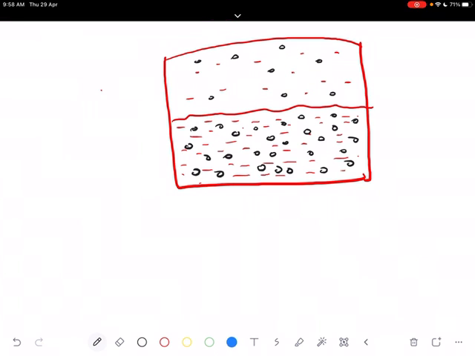Total pressure, we call it the total pressure of the gases above the mixture, that is PT. The partial pressure of the red one, that is PA, in this vapor phase, mixture of vapor.